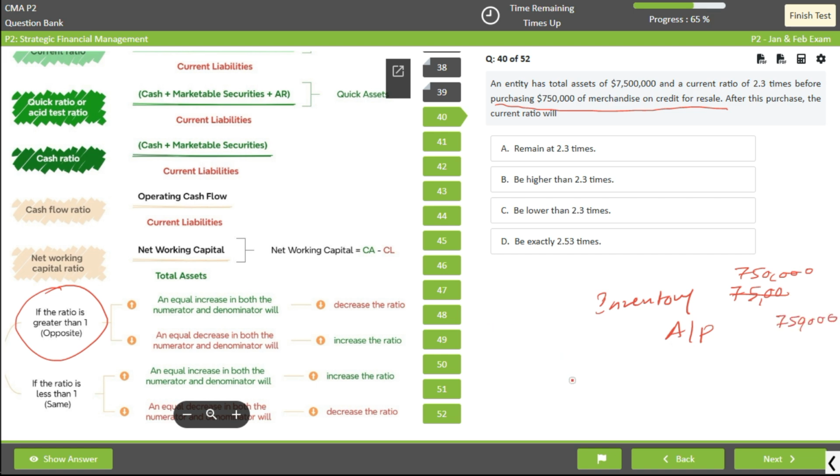So your numerator is increasing and your denominator is increasing, and the ratio is greater than 1. So an equal increase in both the numerator and the denominator will decrease the ratio. The ratio will be lower than 2.3.